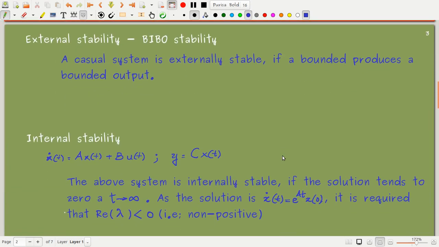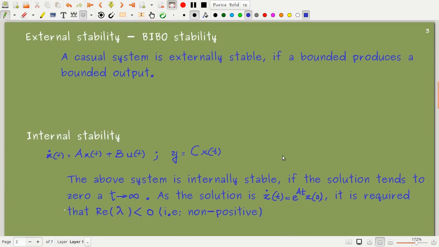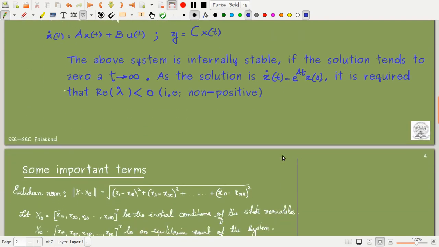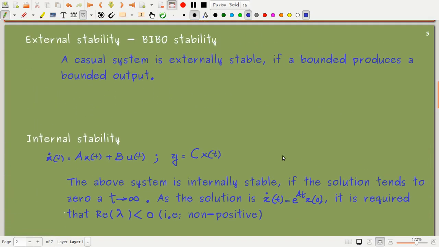Now let us have a little bit of recap for linear systems. In the case of a linear system, we had seen external stability, or bounded input, bounded output stability. A causal system is externally stable if a bounded input produces a bounded output.